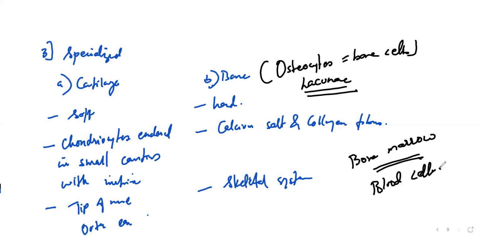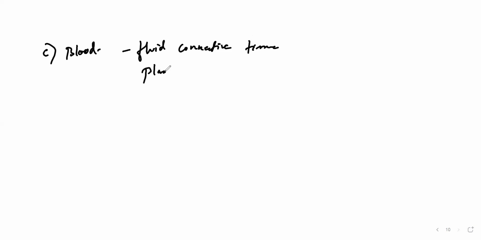Then comes the third one, which is the blood. So blood is nothing but a fluid connective tissue which contains certain things such as plasma, RBCs, WBCs, and platelets.